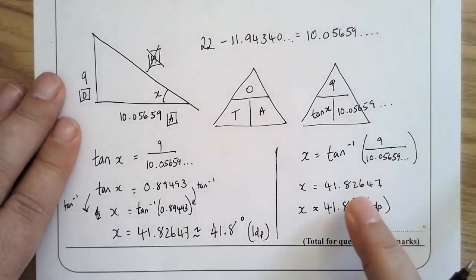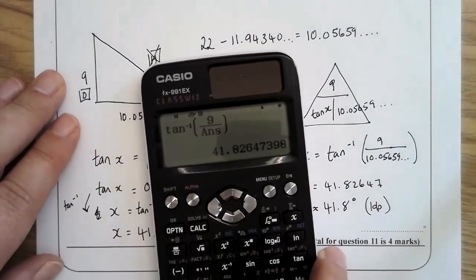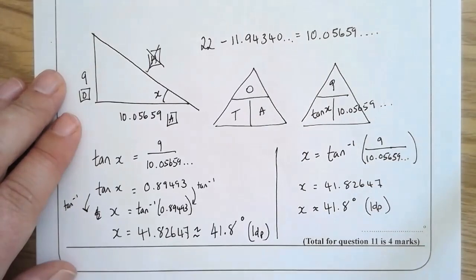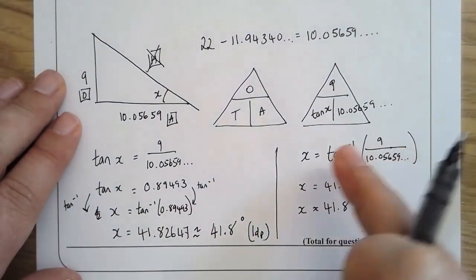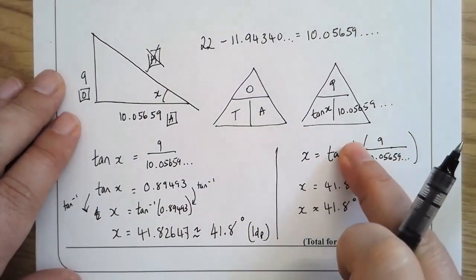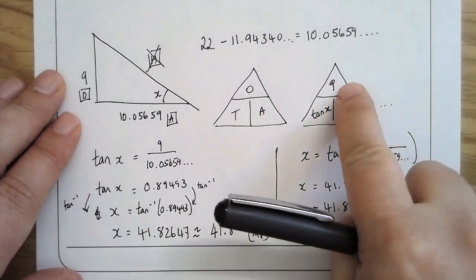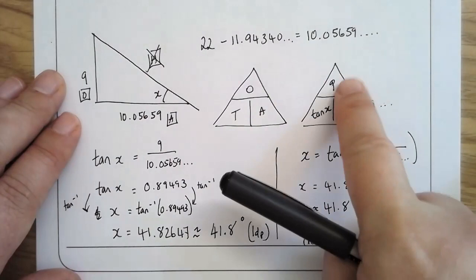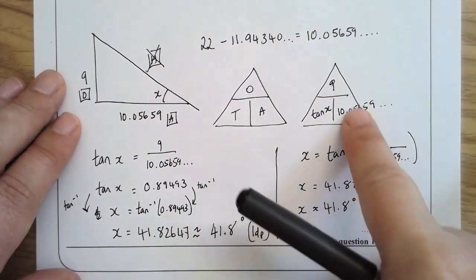And then I put that into my calculator, which gave me this number straight away. So this way, or if you're happy that it's the inverse tan of opposite divided by the adjacent here, then this gives you that.